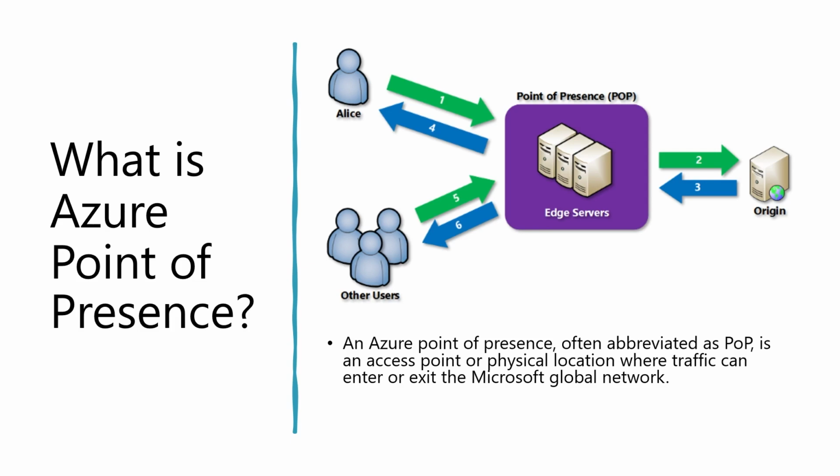What is Azure Point of Presence? Azure POP refers to a location within Microsoft Global Network that serves as an entry and exit point for network traffic. POPs are strategically distributed in various locations around the world to provide efficient and optimized connectivity for Azure services.